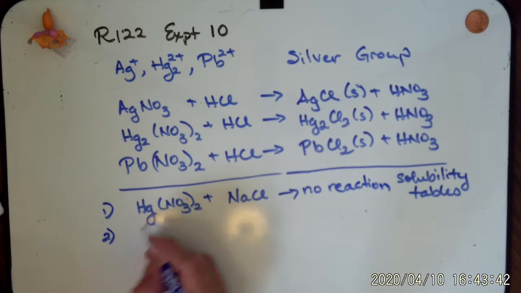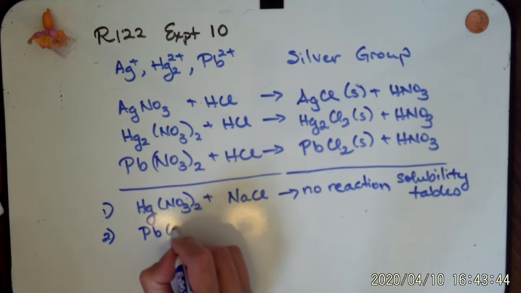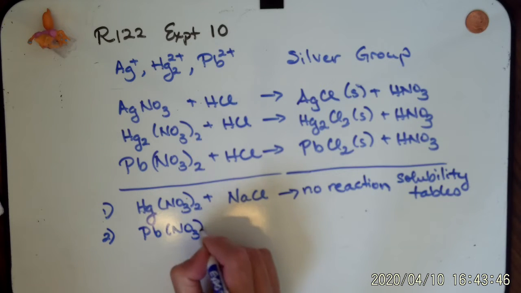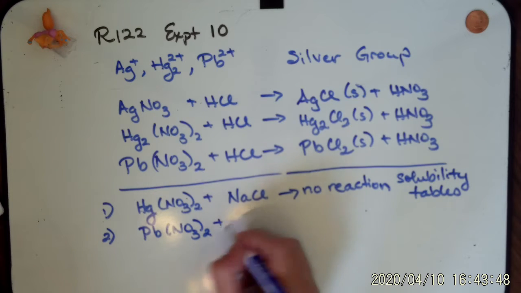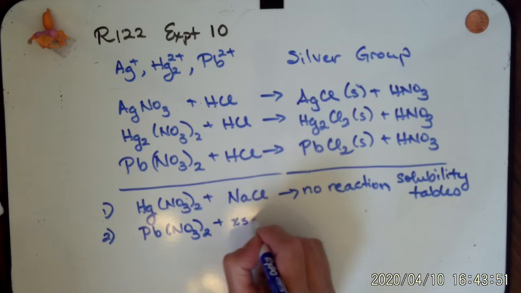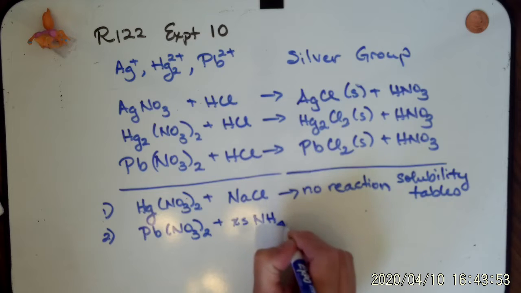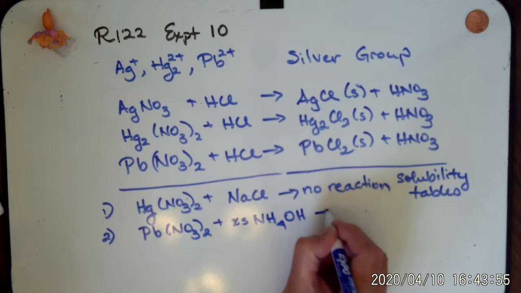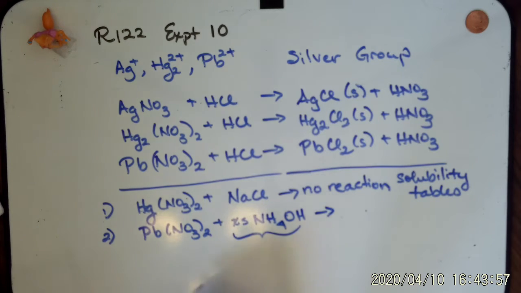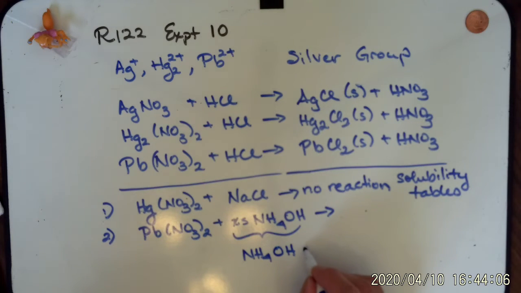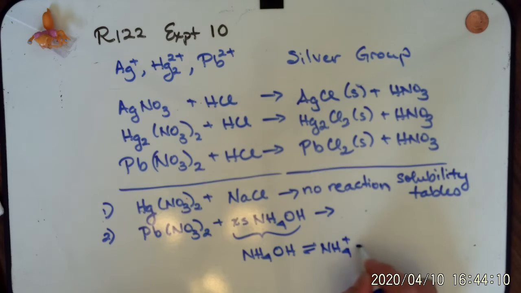For the second one, we have lead nitrate plus excess ammonium hydroxide. Okay? Now we know the ammonium hydroxide is in equilibrium to form ammonium ion plus hydroxide ion.